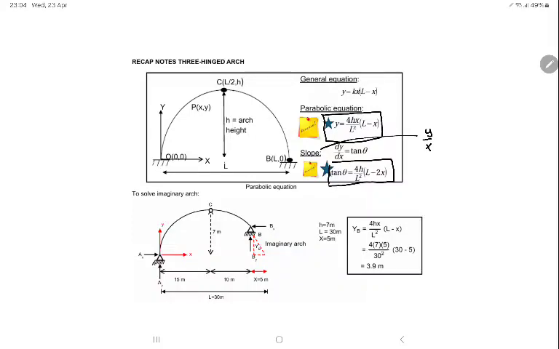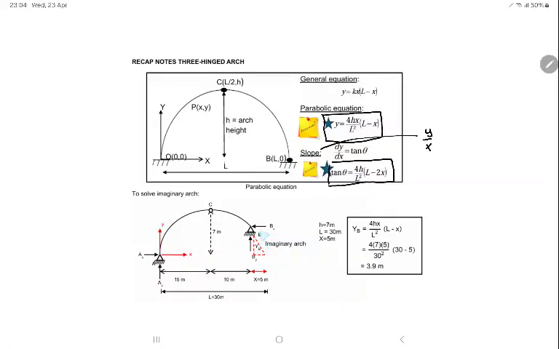So for y, you see the imaginary arch equation here. Alright, so to solve imaginary arch, for example, for this parabolic equation, you can use inside this question.